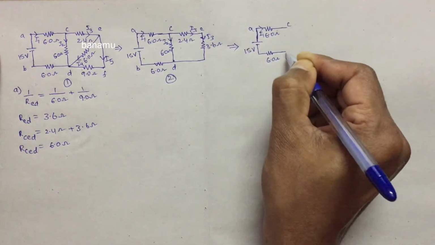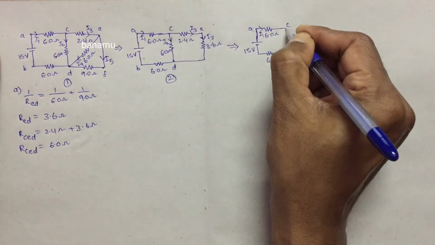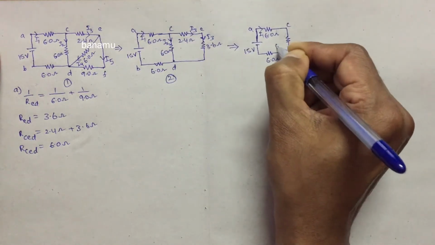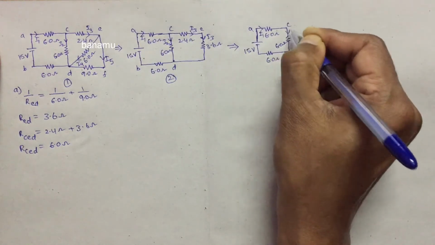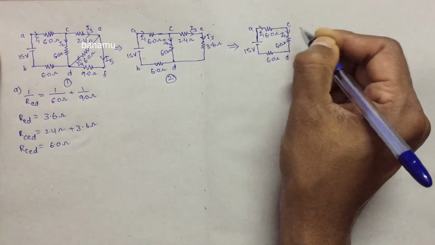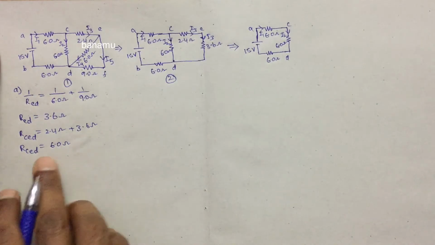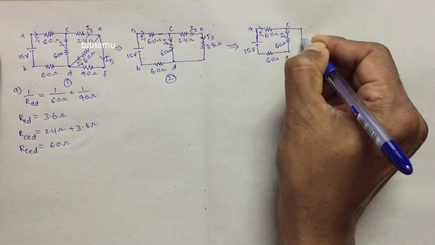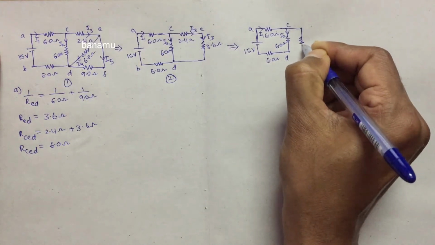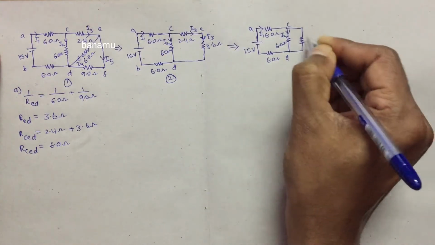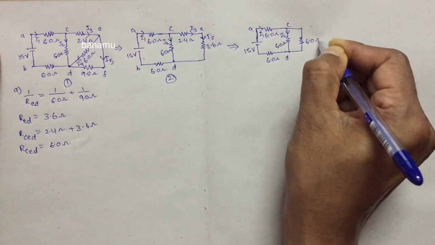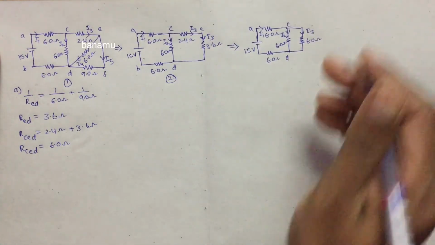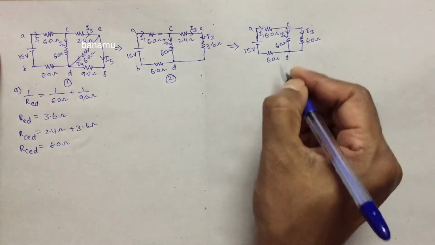This is the point D. Between C and D, the resistance is 6 ohms, and the current is I2, and it is connected to R_CED, which is 6 ohms. The current through R_CED is I3.